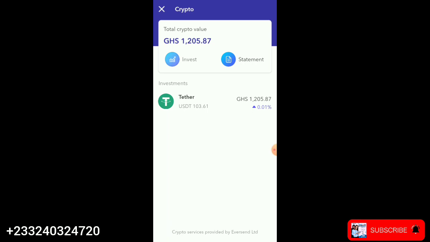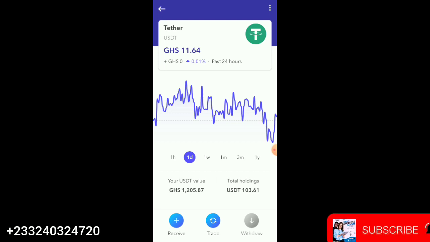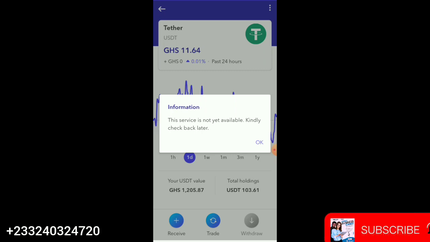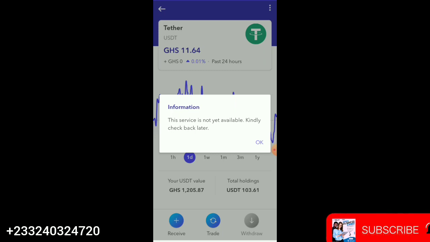People think that withdrawing USDT means that it's only this, like if you click on it and it comes. Although last month this service was there and you could use it to withdraw the money, it just went off and it will be back before next month.